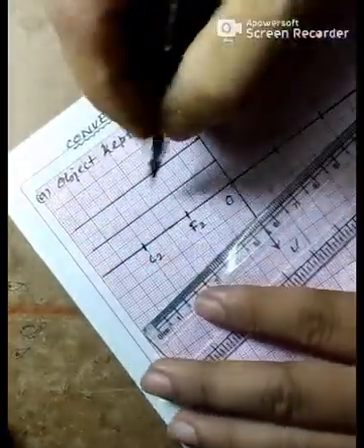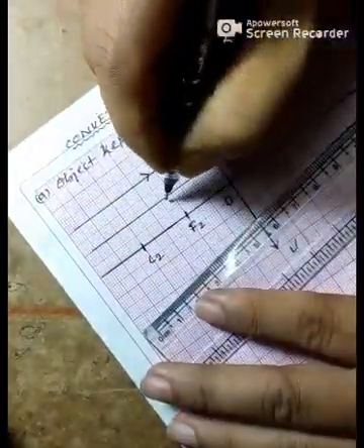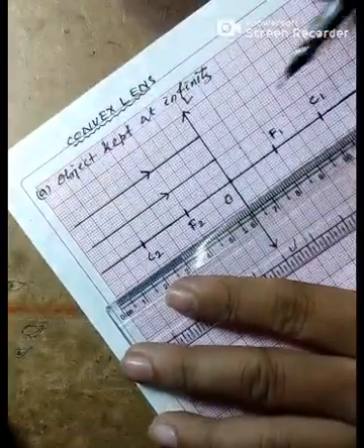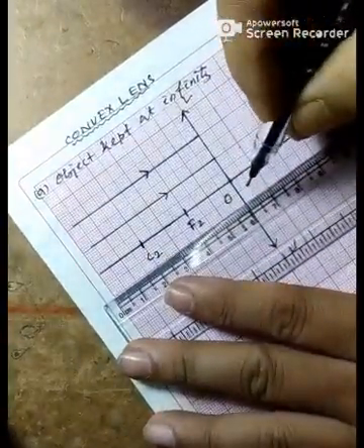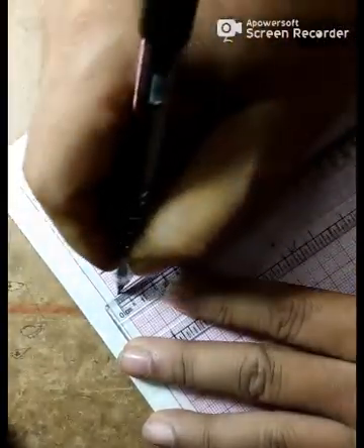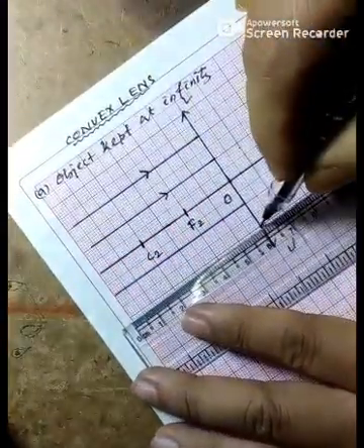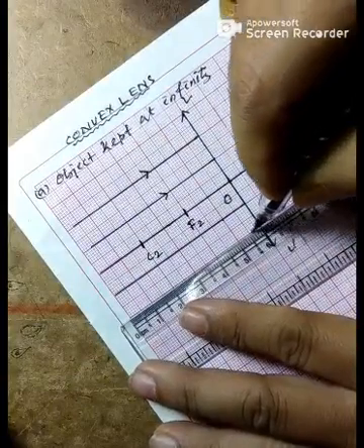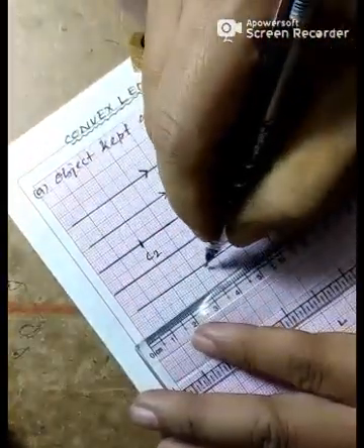Right. So two parallel beams of light. So put the arrow mark here. And 2 down. So this is one parallel beam of light, and this is the second parallel beam of light.